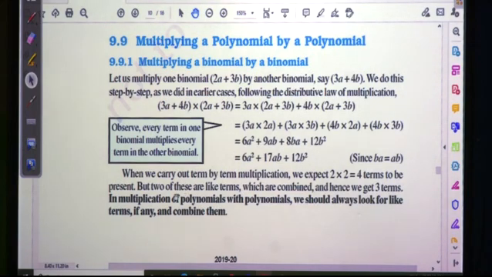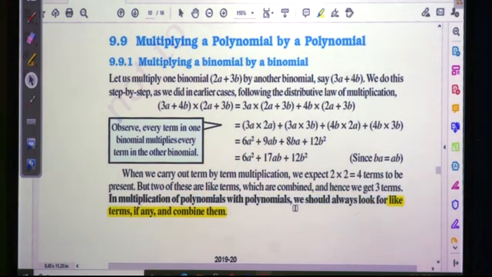Why? Because 2 of these are like terms. What are the like terms? 9ab and 8ba are the like terms which got combined, and hence we got 3 terms. In multiplication of monomials with monomials, we should always look for like terms, if any, and combine them. Yeah, they have explained this. What they have said, that we should look for like terms, which is very important, if any, and combine them.